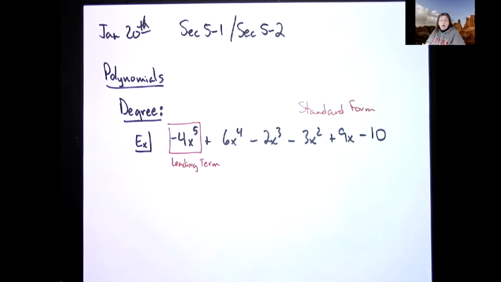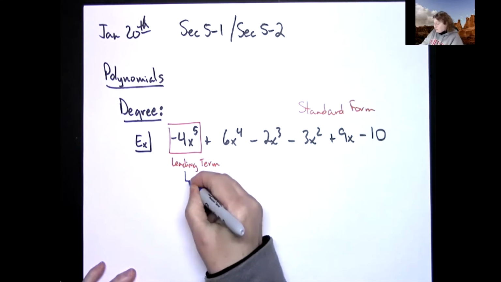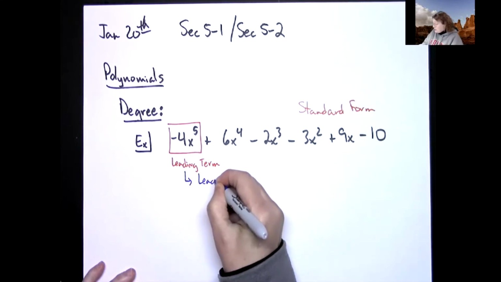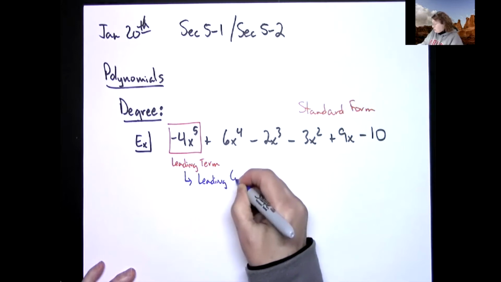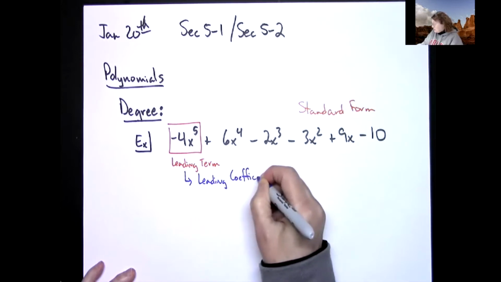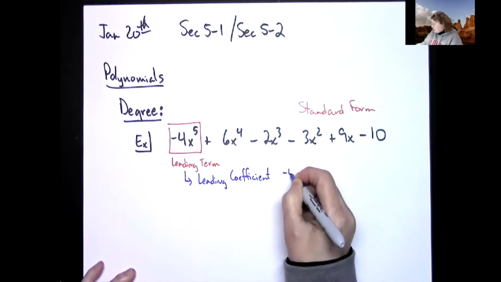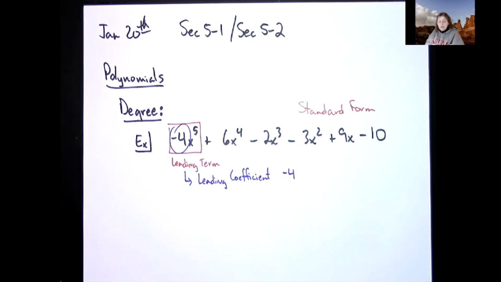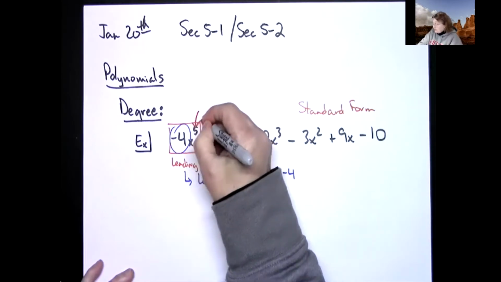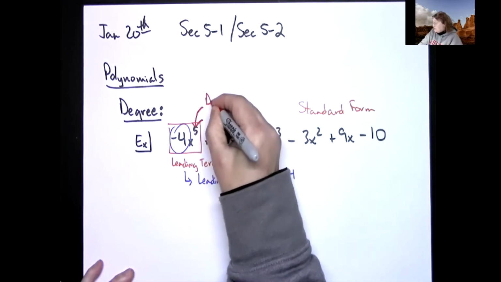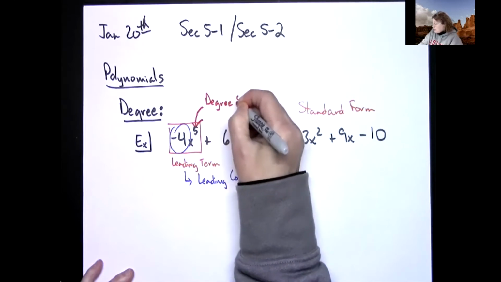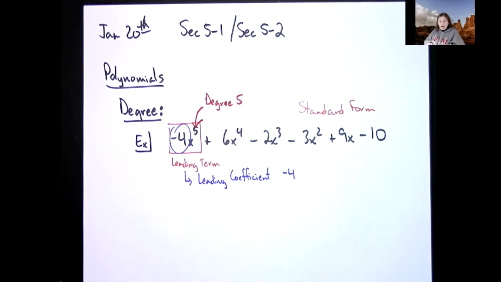From that I can find my leading coefficient, which is the -4, because that's the number in front. The exponent right there is a 5, so the degree of this polynomial is 5. Being able to identify all of those parts is important.